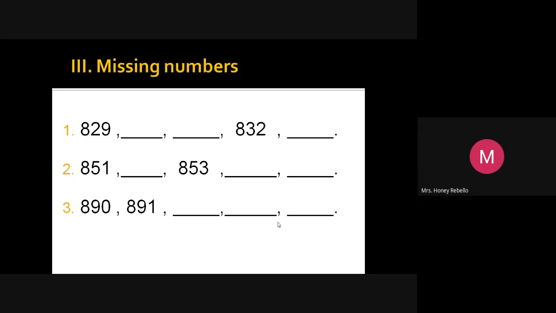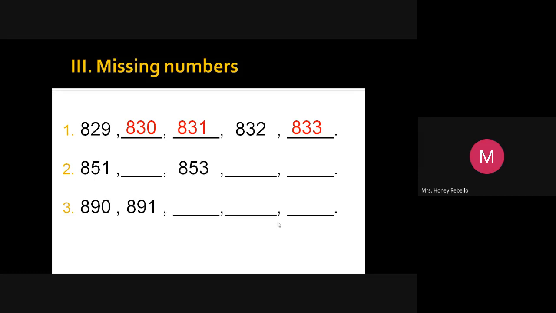Now, after 829, after 29, you will get 30. Missing numbers always, add 1 to the previous number. After 29, you will get 30. So write 830. Add one number to that and complete. Only one I told you. 830.